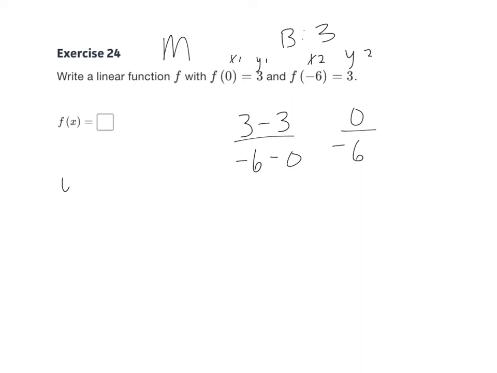So I think you could have written this one as y equals 0 over -6 plus 3. But 0 divided by anything is 0. So the cleaner way to write it is y equals 0x plus 3.